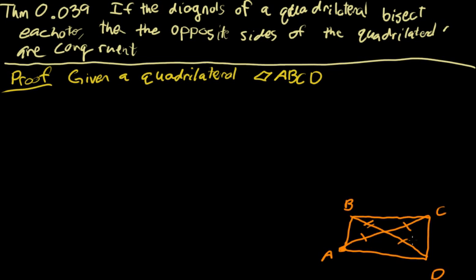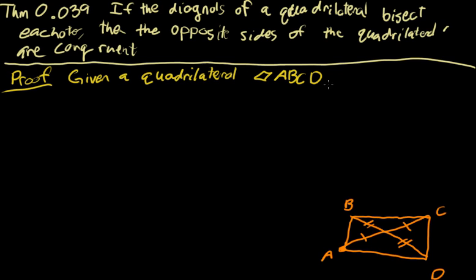And then this line's also bisected by this other line, so we'll draw those marks to show those sides are equal. And we have to prove that the opposite sides of the quadrilateral are congruent.